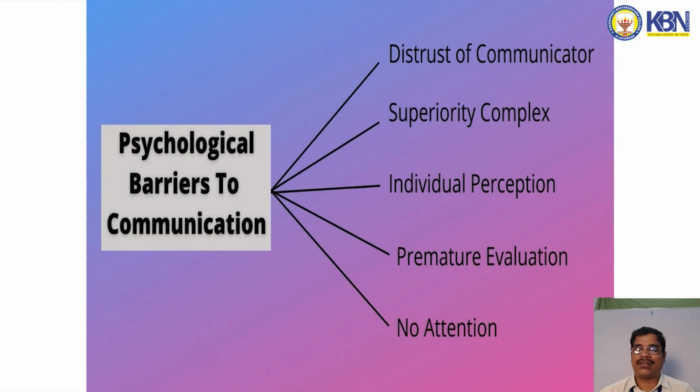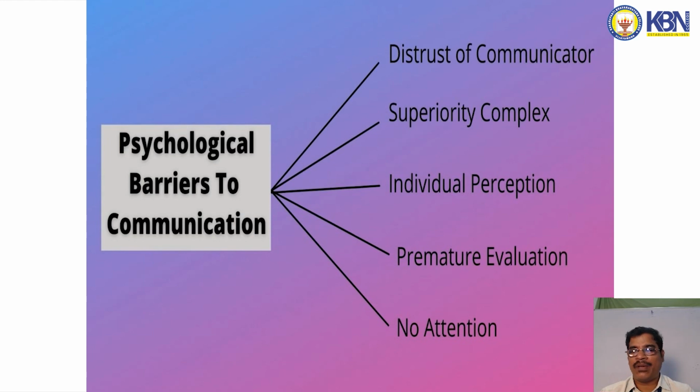Superiority complex, or a dominating complex, may also not allow the individual to understand the communication properly. Individual perception: as our personalities are not the same, we have different personalities.